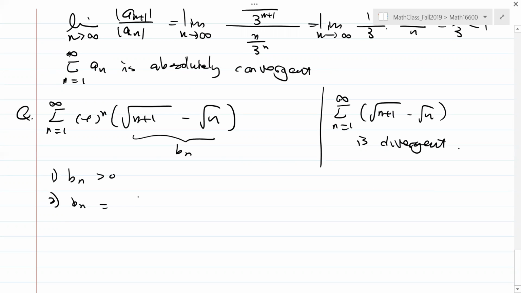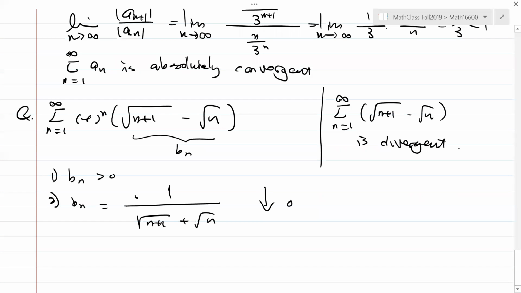So what I'm going to do is change it to this form. b_n is actually rationalized. What you do is multiply the numerator by that, divide by the same thing, and so the numerator becomes 1. The denominator is square root of n plus 1 plus square root of n. So this is clearly decreasing to 0.